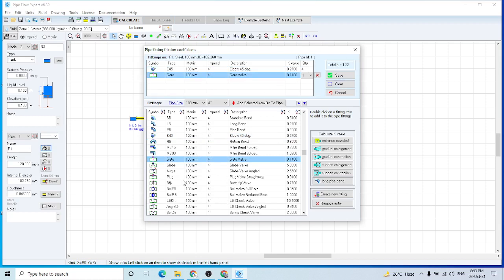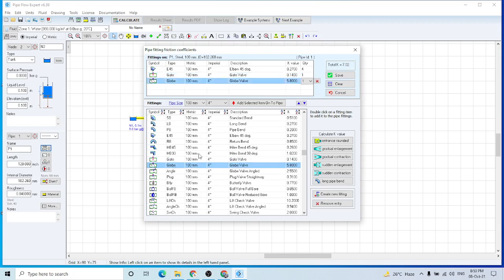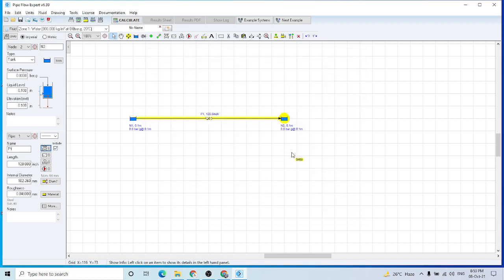And let's say it has a globe valve as well. So these are the fittings I have chosen for this pipe.